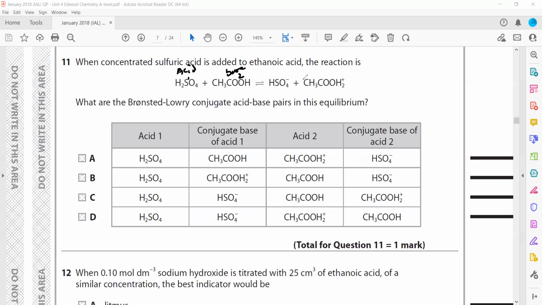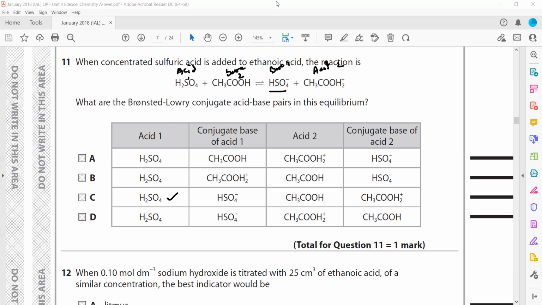And when we check the reverse reaction, HSO4 becomes H2SO4, so it is accepting. So this one is base 1. And here this is acid 2. So when we check, acid 1 is H2SO4.